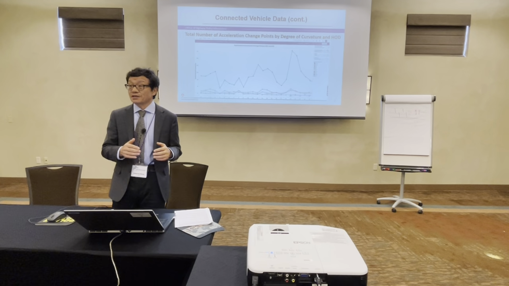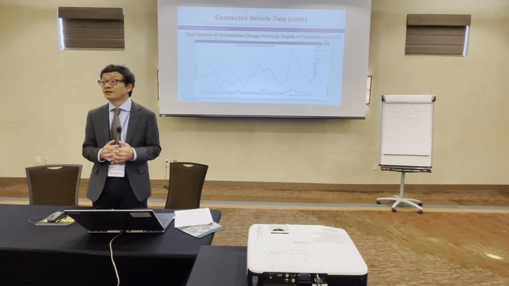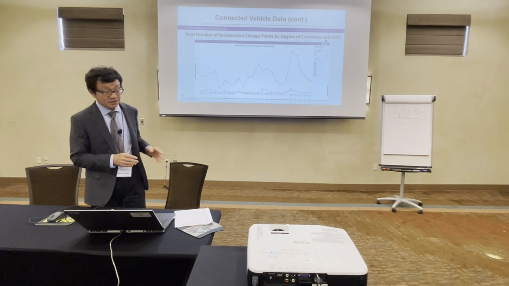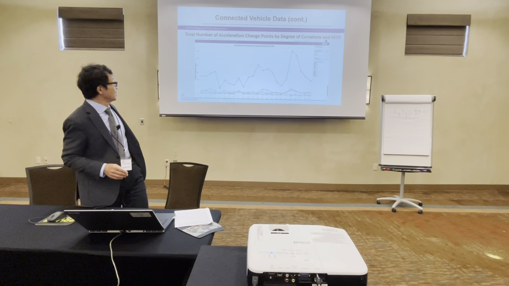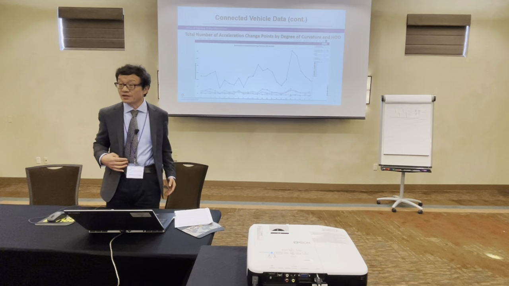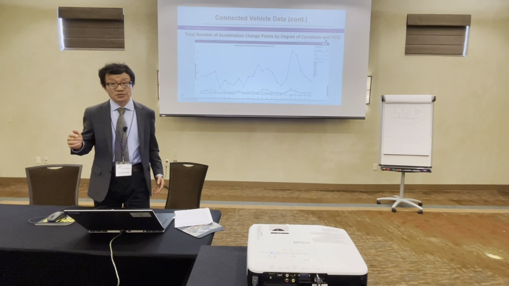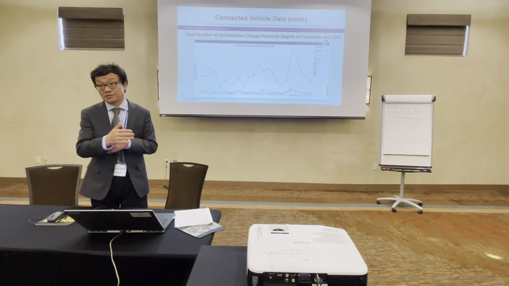We can also do some quantitative analysis, and we provide different graphics reports like this one. This one shows the total number of acceleration change points by degree of curvature and HOD, hour of the day. One thing we need to know is that the CV data itself does not have anything about your roadway segment.